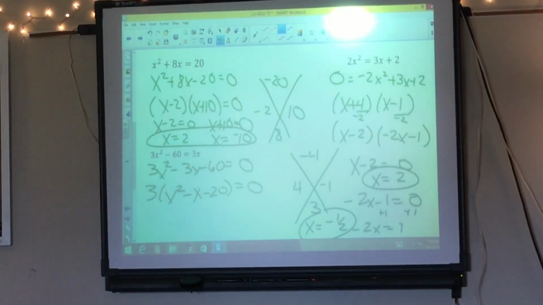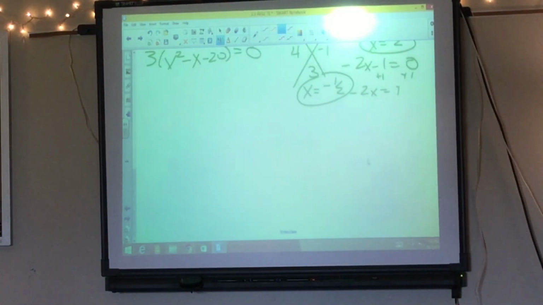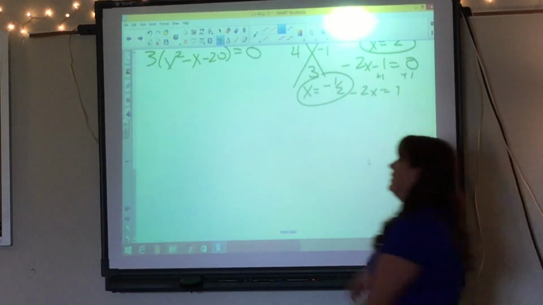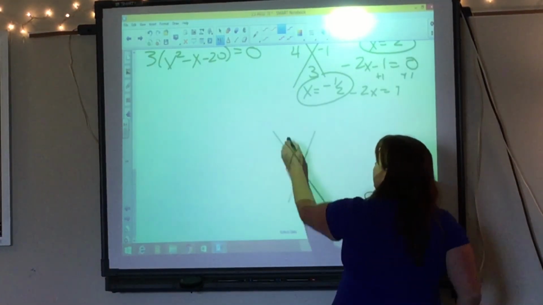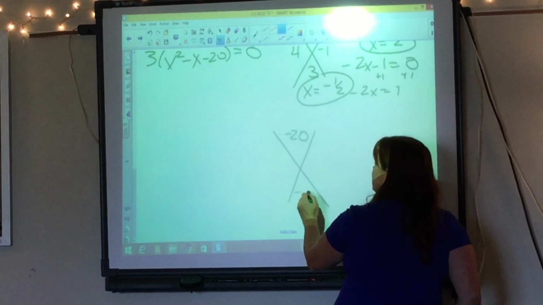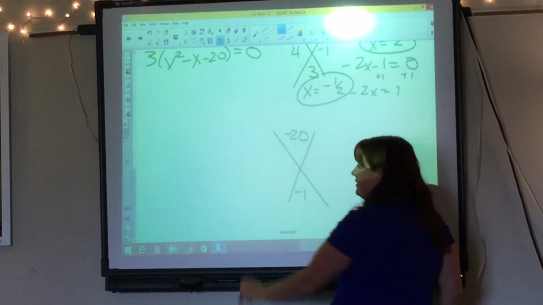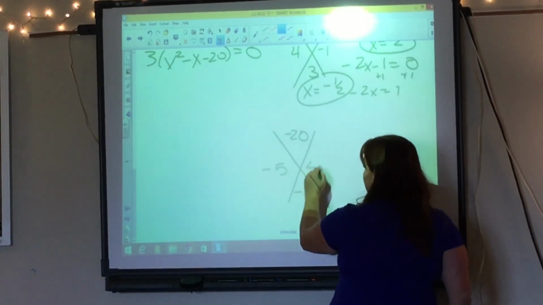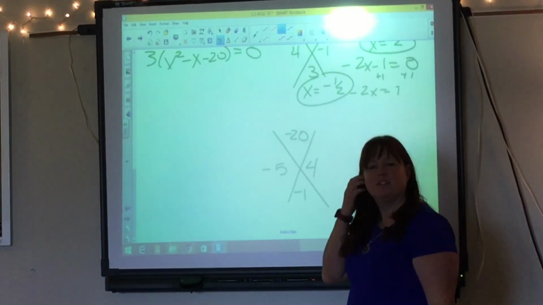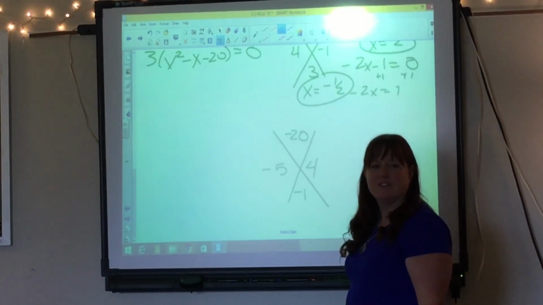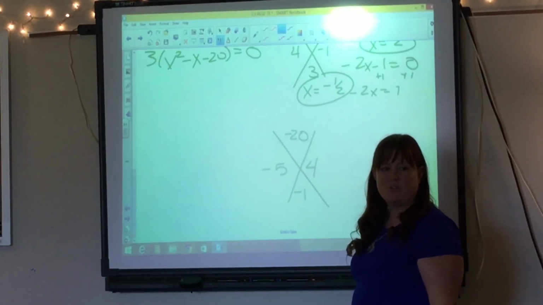Negative 5 and 4. Wait, what? We need to multiply to negative 20 and add to negative 1. Well, it's obviously negative 20, right? Am I going too fast?